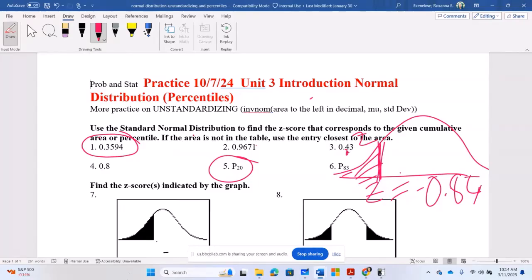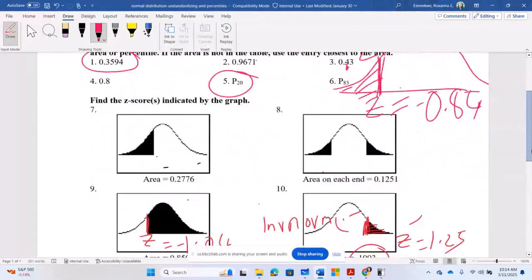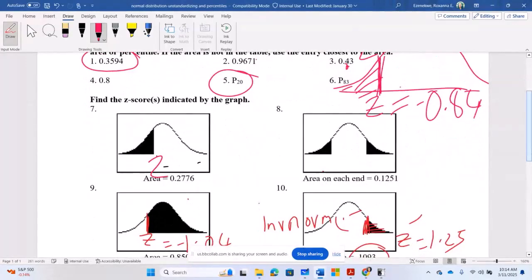All right. So the same thing, even though these are diagrams from number 7, it's asking us the same thing: find the z-score that corresponds to 0.2776. So you just write inverse norm. Area to the left in decimal is 0.2776.